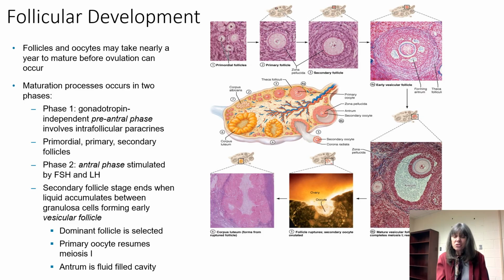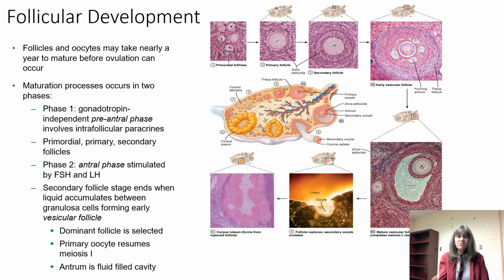The gonadotropin independent pre-antral phase is going to be what we see for primordial follicles, primary follicles, and secondary follicles. However, phase 2, the antral phase, is going to be a phase that stimulates the secondary follicles to turn into tertiary or antral or vesicular follicles by the stimulus provided by follicle stimulating hormone and luteinizing hormone.